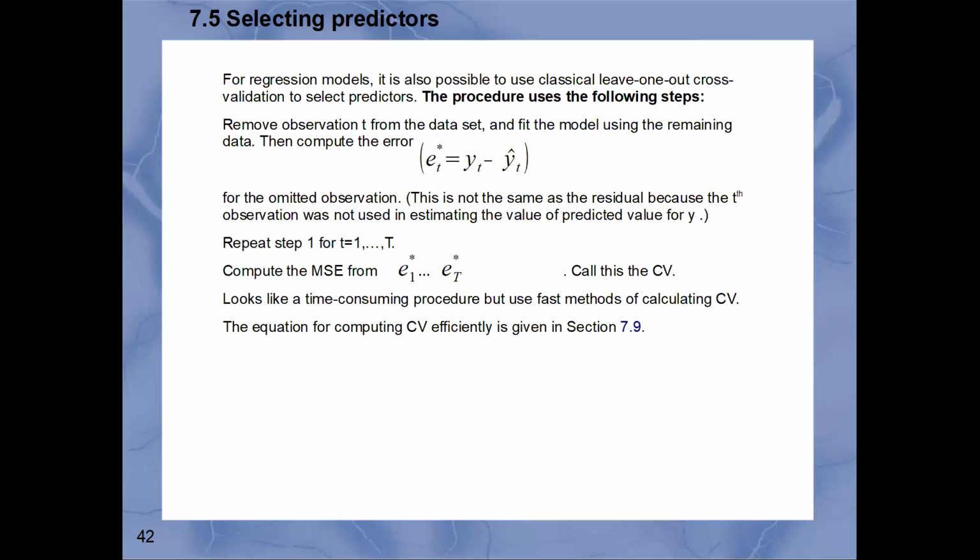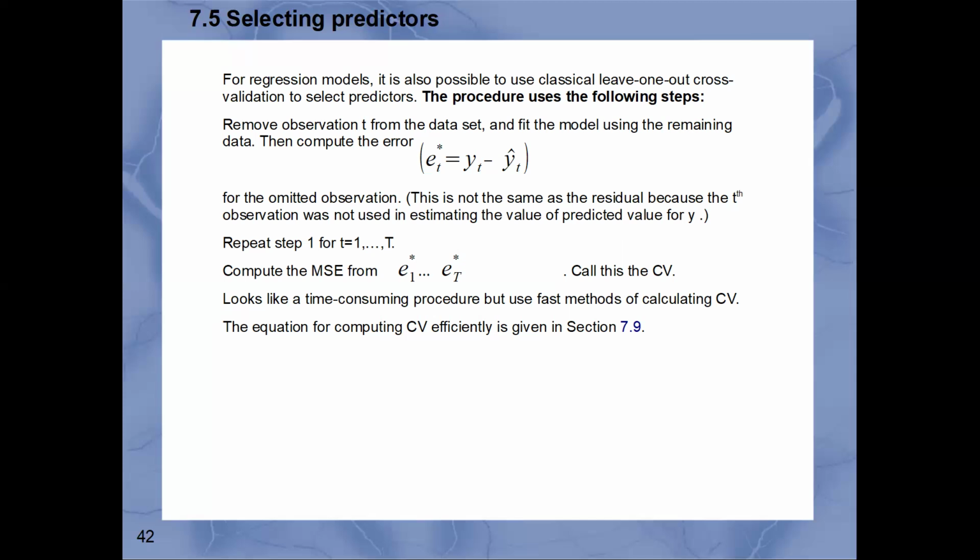And this is not the same as the residual, right? Because the t-th observation was not used in estimating the predicted value for y. So don't forget, you didn't use this point in the model.